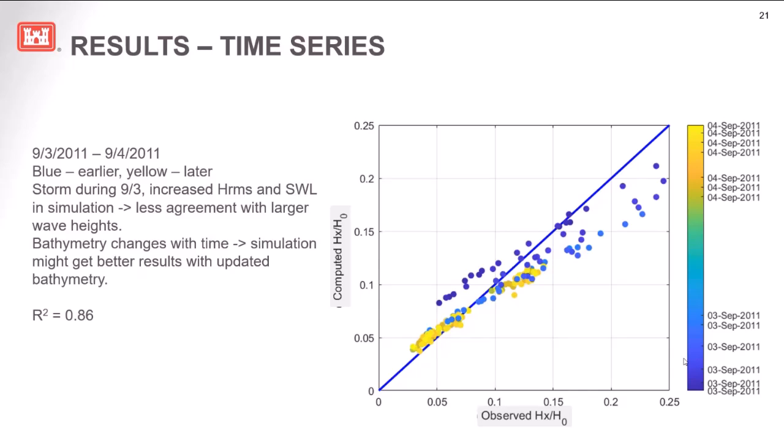Another way to increase accuracy could be including the bathymetry changes with time. So currently the simulation doesn't include an updated bathymetry. Our R-squared value is 0.86, which still indicates that we're getting fairly good simulation performance given the uncertainties in the measurements.